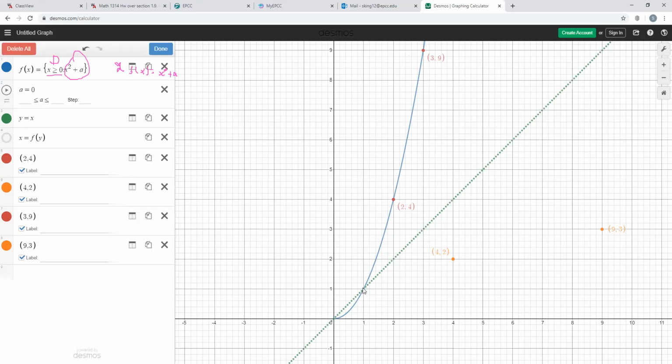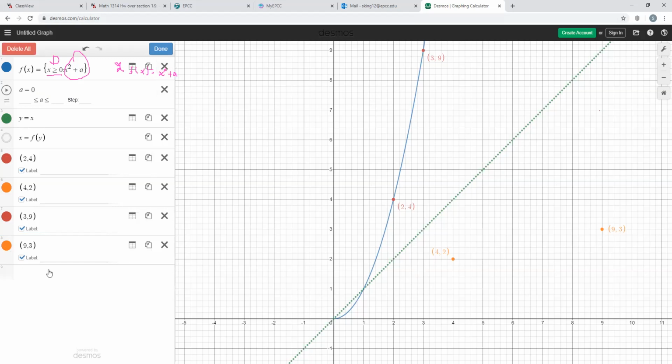Here's a point, 1, 1. If you put 1 into x squared, remember this is just x squared plus 0 for the moment. I have it at a equals 0 here. So if you put 1 in and square it, you get 1.